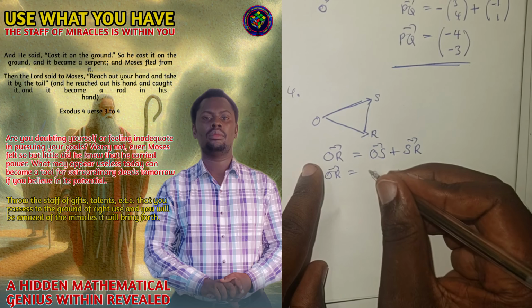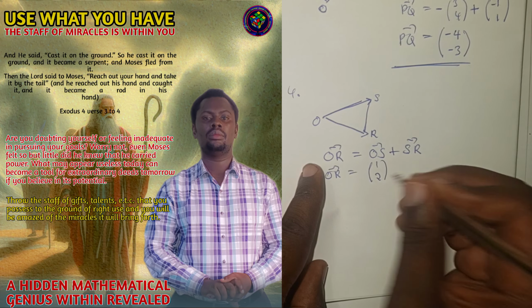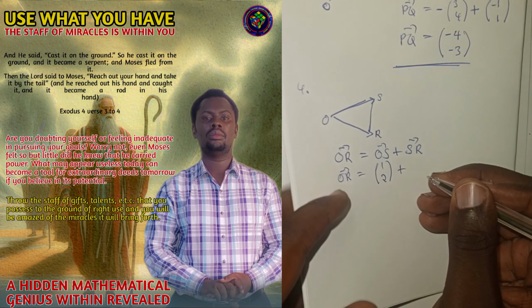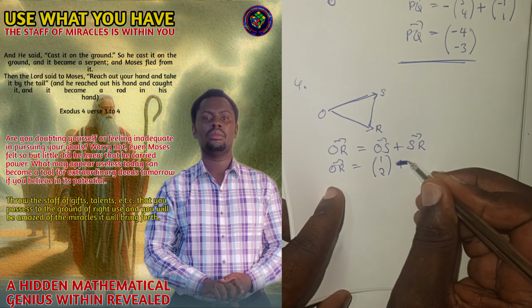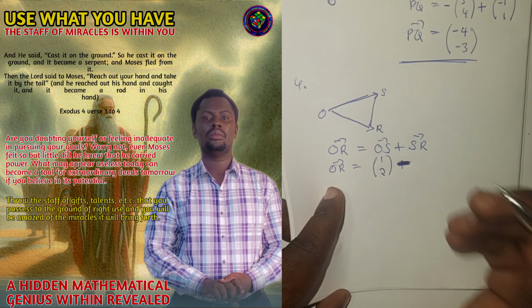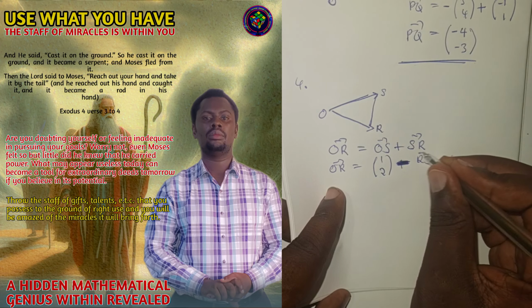OS is just (1, 2) plus SR. Here we have RS, so SR is just the opposite of RS. So here we are supposed to have a negative. It should be a minus of RS.